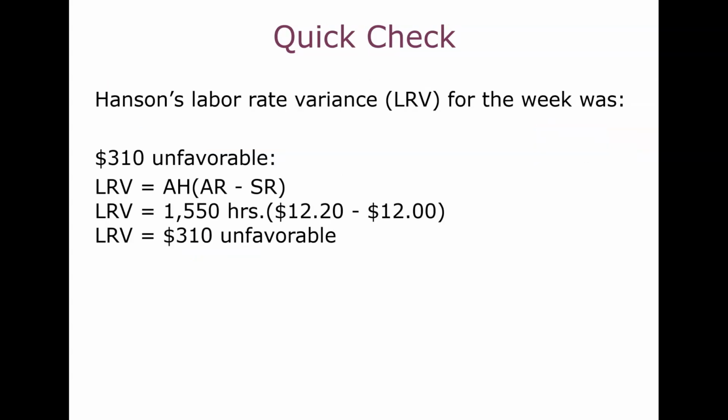Their labor rate variance: the actual rate is $12.20. The standard rate that they budgeted for was $12. Multiply that by how many hours they actually used, and you get your $310 unfavorable variance.